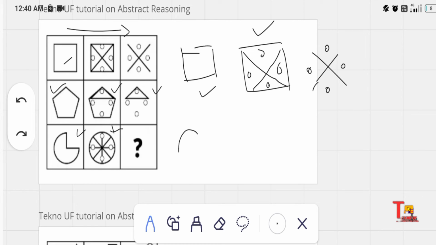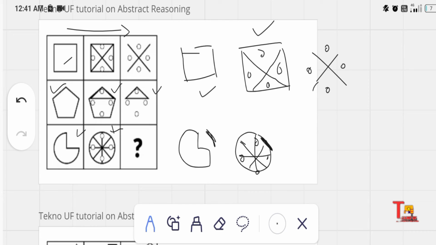So I'm just drawing the figure so that it will be helpful. In the second column the added portion is this, actually 1, 2, 3 and 4 lines and 4 circles. Here there is no line, but here the line is added, right?